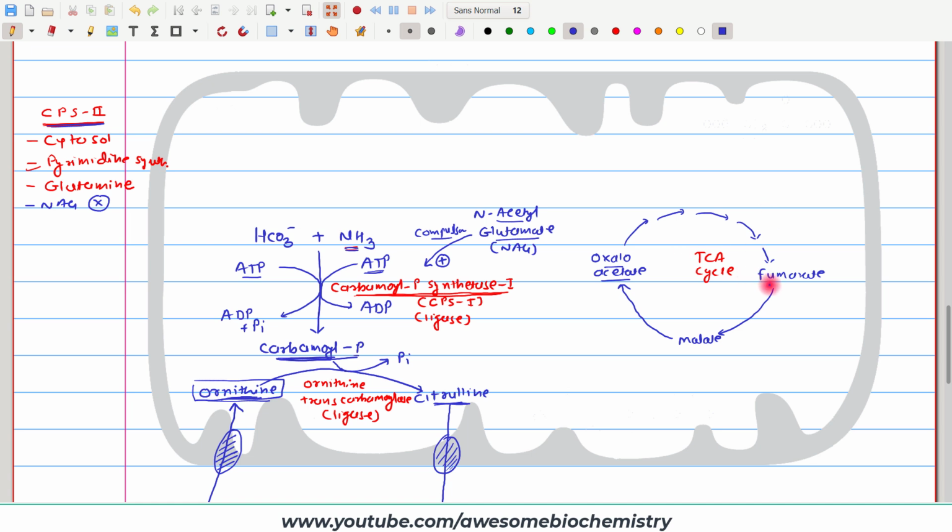Now, the interesting steps of the TCA cycle which are in connection with the urea cycle are fumarate to malate and malate to oxaloacetate. Fumarate to malate conversion is catalyzed by the enzyme fumarase, whereas malate to oxaloacetate conversion is carried out by malate dehydrogenase. During this action of malate dehydrogenase, one molecule of NAD plus is reduced to NADH.